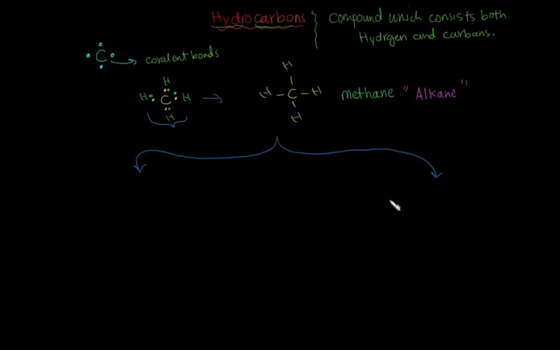Let's just write it here. Aliphatic. Alright. So what does aliphatic mean? Aliphatic means open chain and cyclic shape, of course, hydrocarbons.